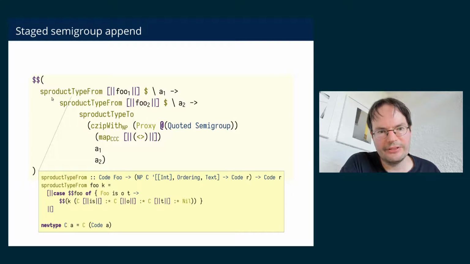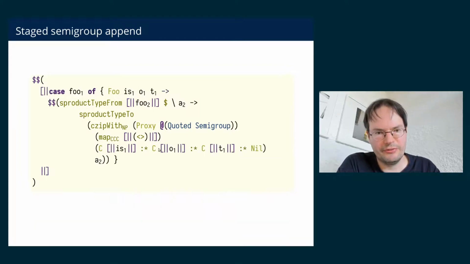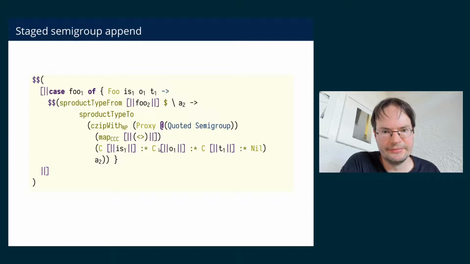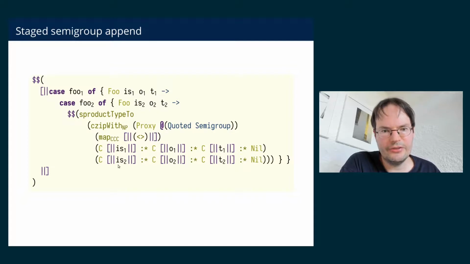So what will happen here is if we just replace this first S product type from, we get this case on foo1, right? And then this A1 down here is going to be replaced with the representation of foo1, which is this product of codes. So this is what we get. And now if we do the same thing for foo2, we get another case, and A2 has also been replaced with this representation.